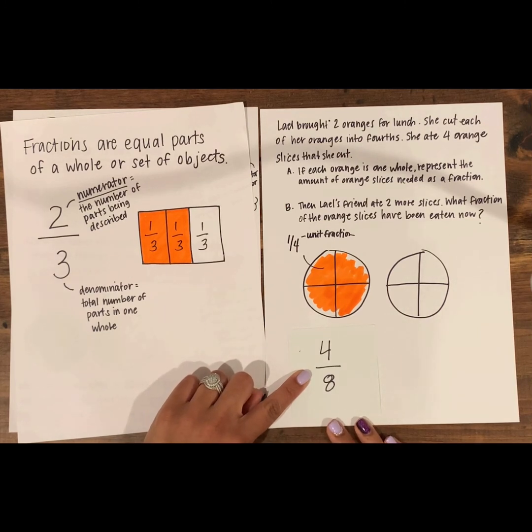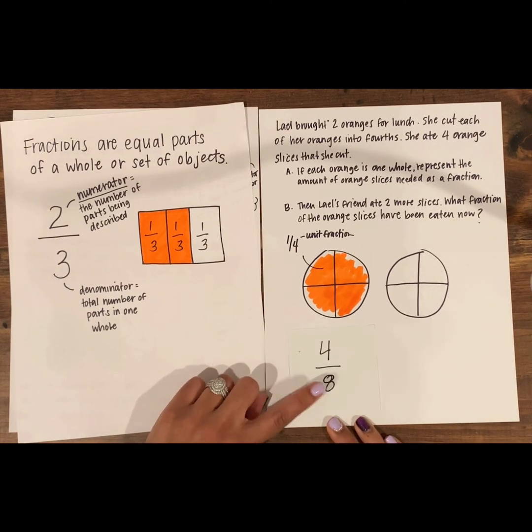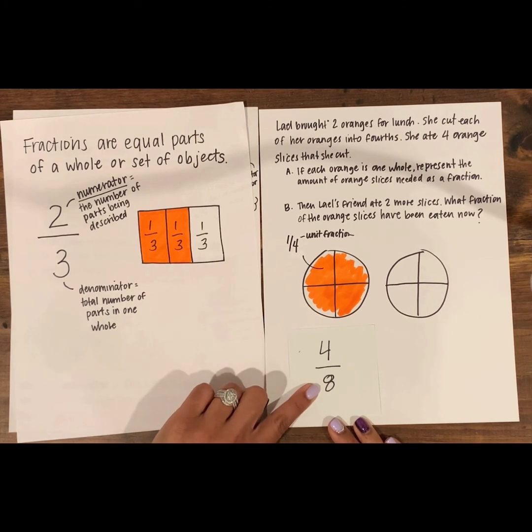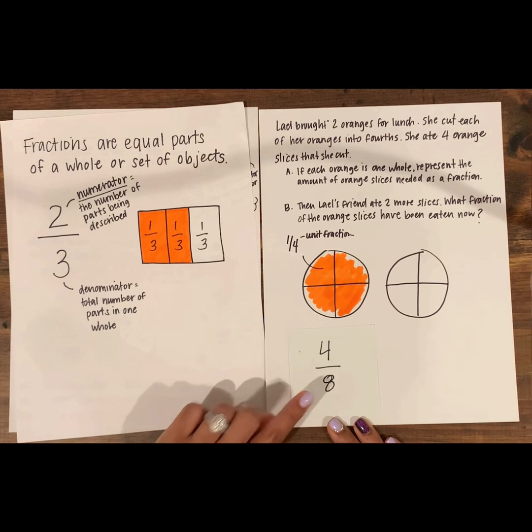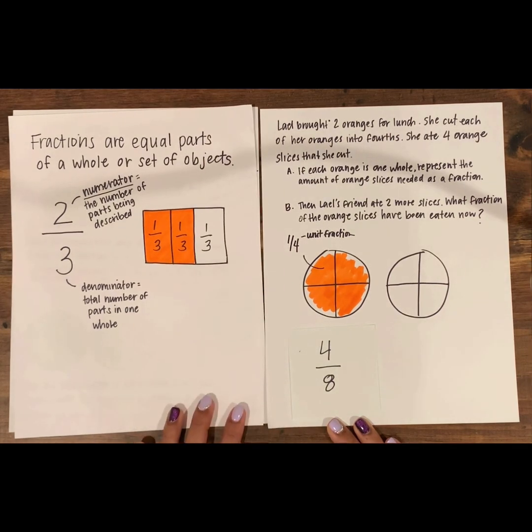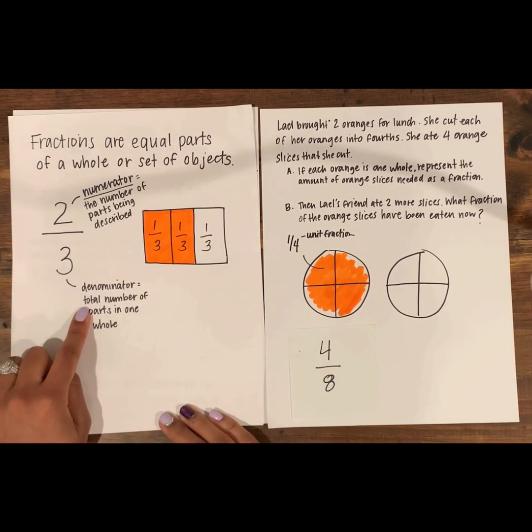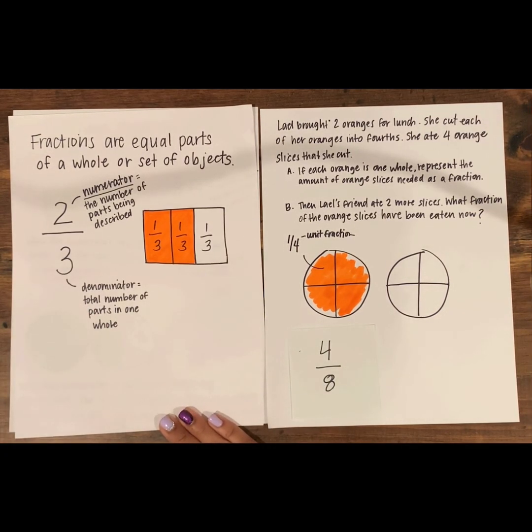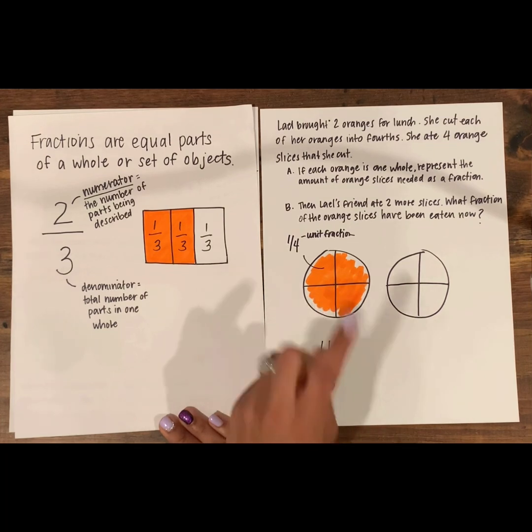Let's think about our definitions. What does it mean if we have 8 as our denominator? Say your answer out loud. I heard you say that 8 as the denominator would mean that we have 8 total parts in one whole. Look at one of our wholes in the model.